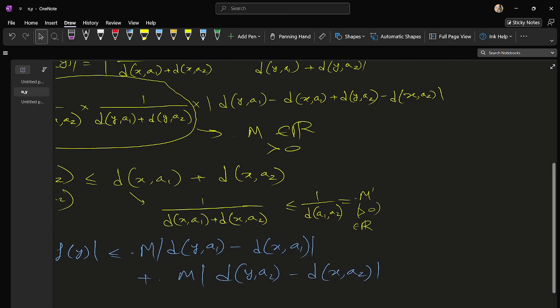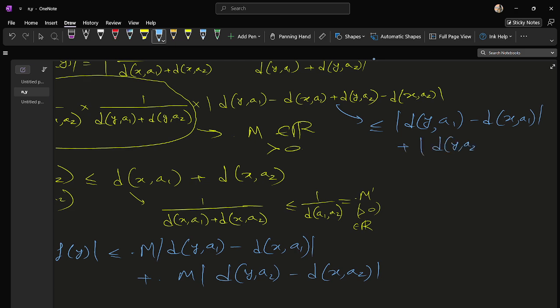Again we use the triangle inequality here, so that will be less than or equal to this thing, distance of this plus distance of that.